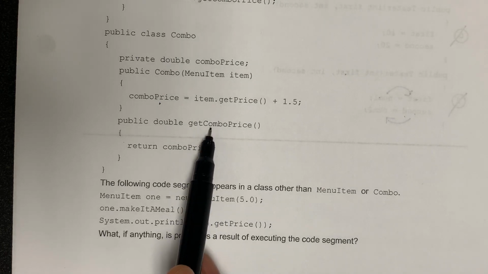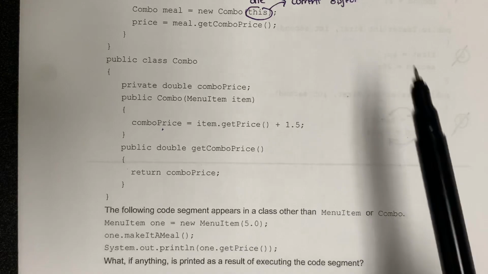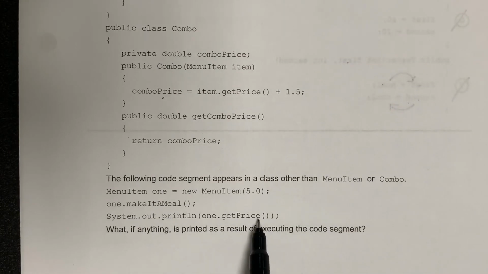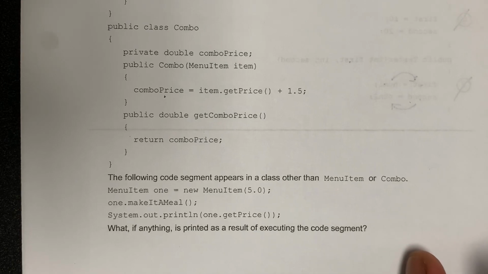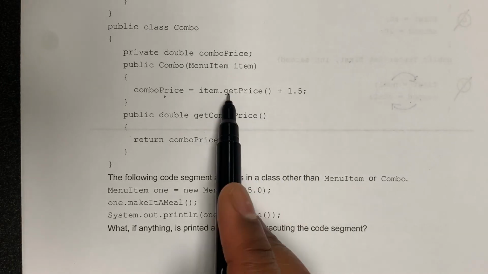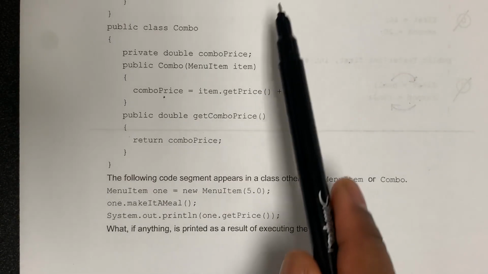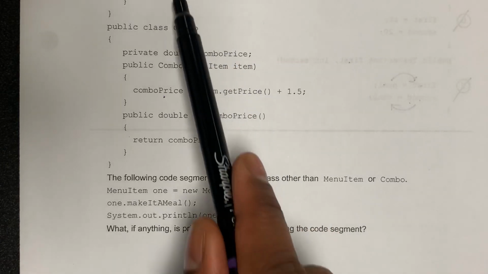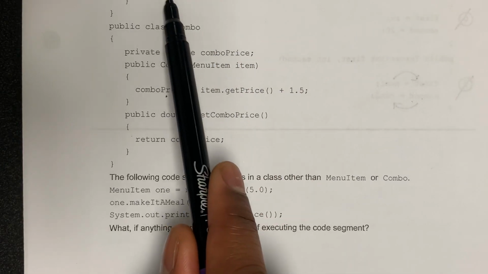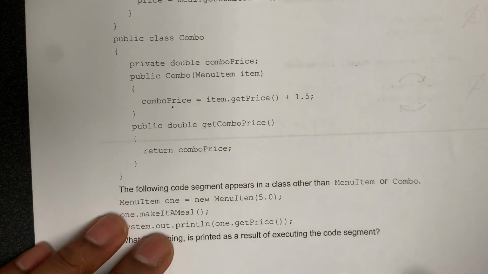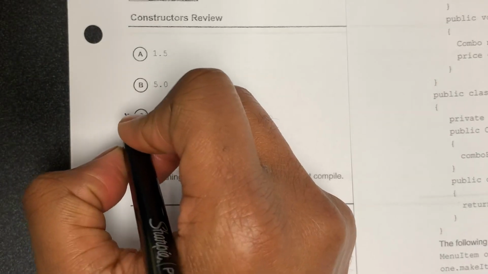So the getPrice method is going to return the value that is 5 plus 1.5, because we changed the value of the item based upon it being a meal, because we have price equals meal.getComboPrice, and the void method updates that. So we're expecting to get 6.5 as our answer, and that's going to be correct.